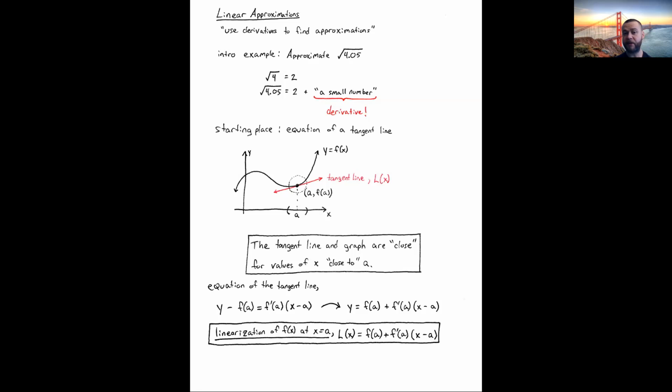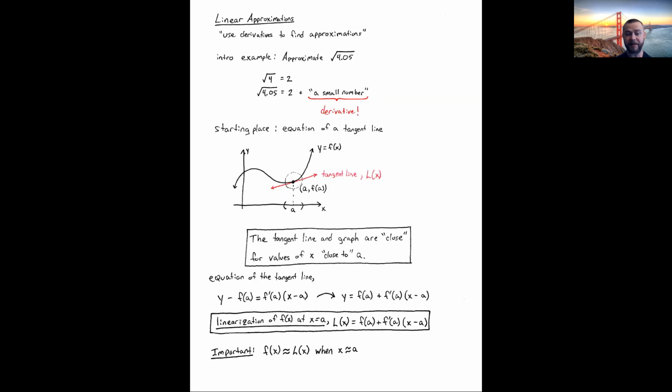Now, before we get to how we're going to use linearizations for approximations, let's take a look at the important idea translated now into the language of using linear approximations. If you think back above, we said that the tangent line in red is close to the graph of f of x, as long as the x values stay close.